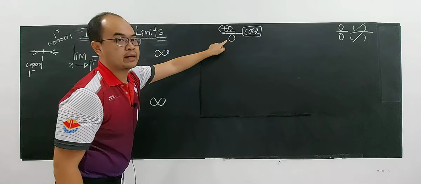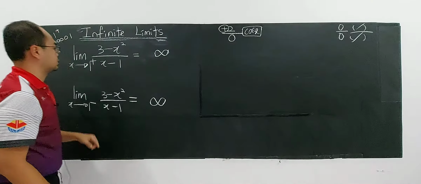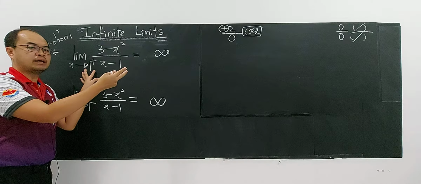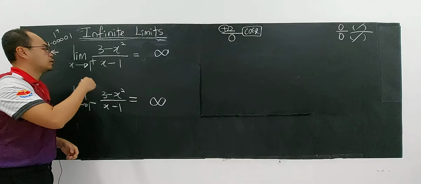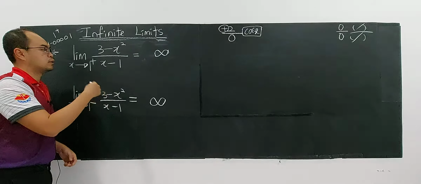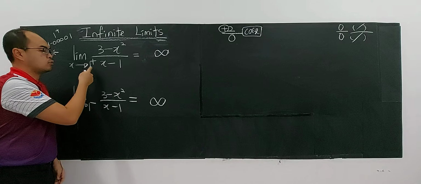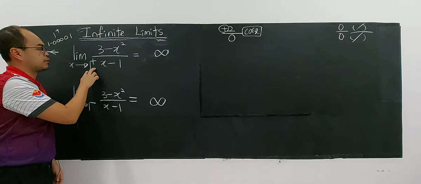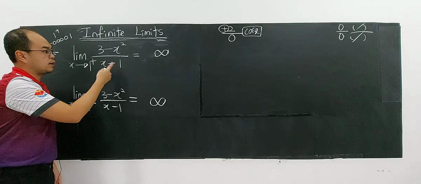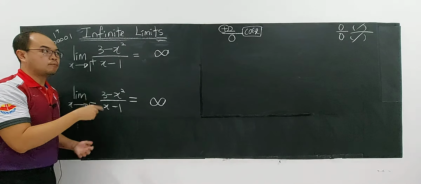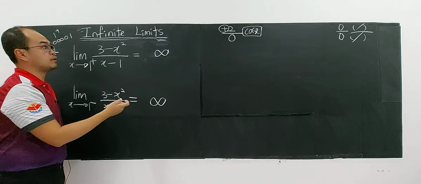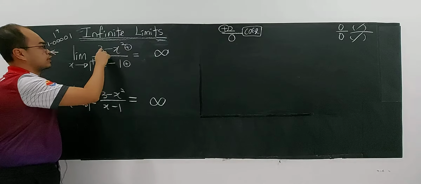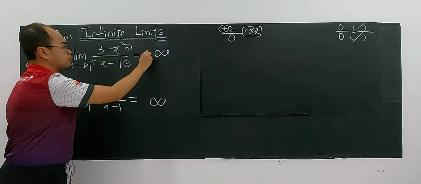But this is the one that you must be careful to consider. 1 plus is a number greater than 1, bigger than 1, like 1.1, near to 1. If you don't want to think like this, you just choose a number greater than 1, 2 for example. 2 minus 1 is 1, a positive number. The other one is of course positive. So you're getting positive infinity.